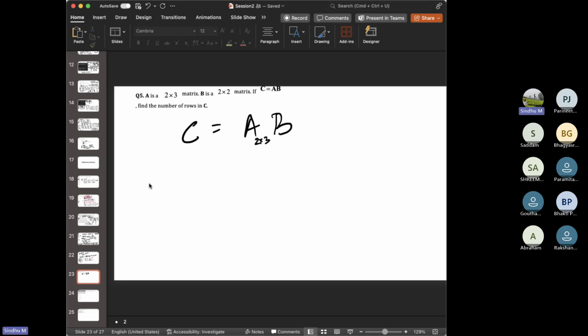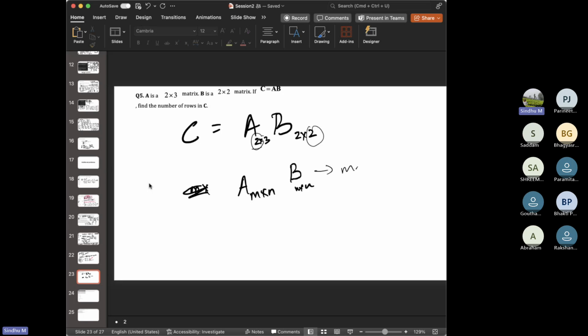So when you multiply an M cross N matrix with another matrix, finally these two will be the final number of rows and columns.